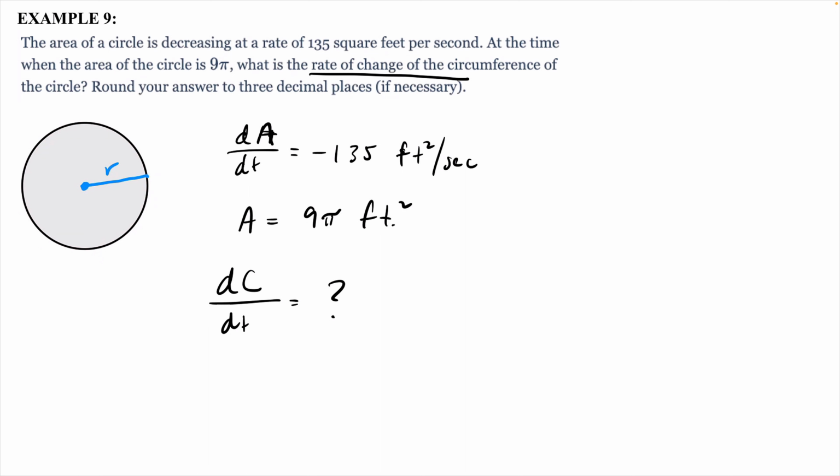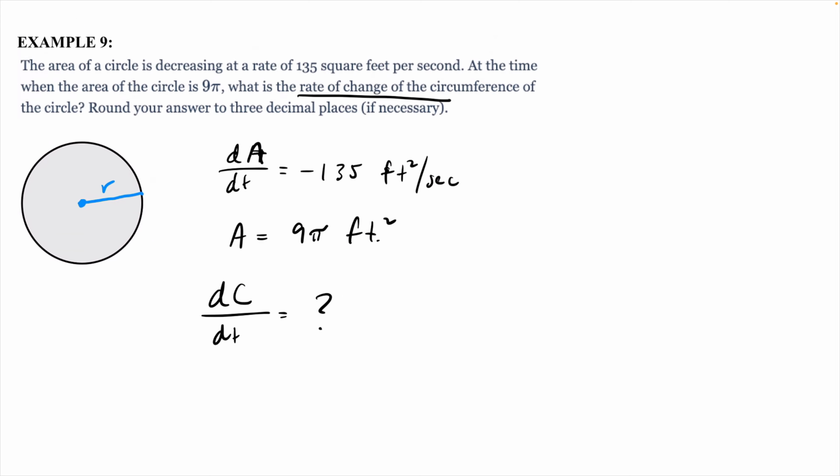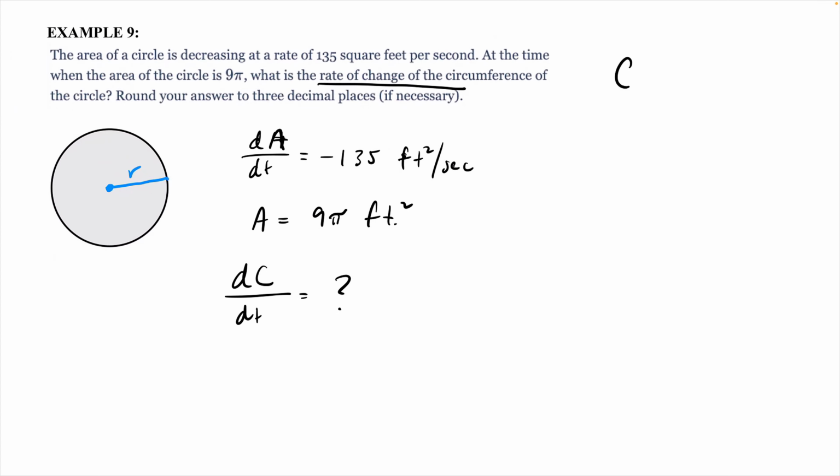It talks about circumference, right? So isn't that the one we want to pick, the one that has circumference? So let's pick the circumference one. Shouldn't we use both? We're going to have to, yeah. The circumference is 2 pi r, right? That's the only way I'm going to get dC over dt, by using that formula there.